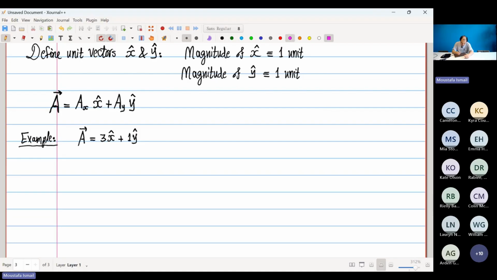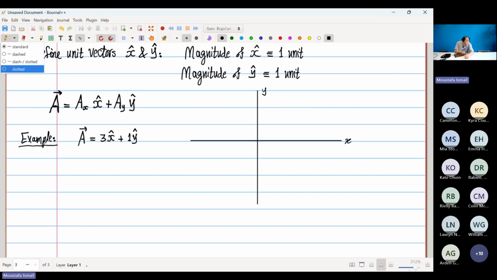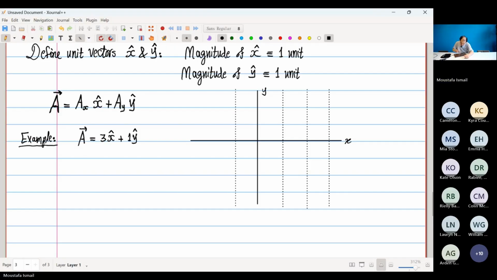I design my coordinate system, X and Y. And then I also design the grid. Let's say like this, and let's say these are the y grids.